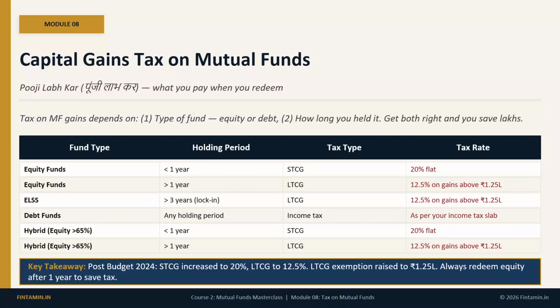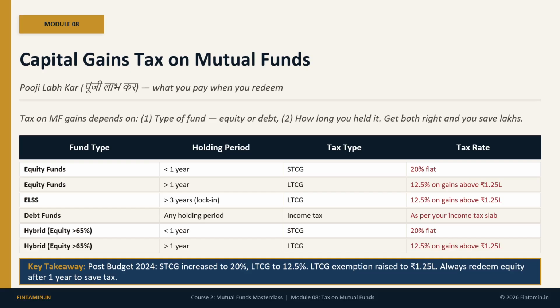Capital gains tax. Tax on mutual fund gains, called capital gains tax, depends on two things: the type of fund and how long you held it. For equity funds, if you hold for less than 1 year, gains are taxed at 20%.